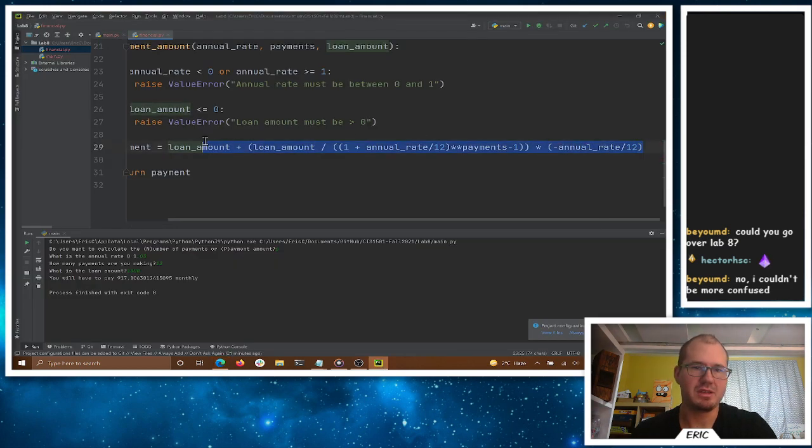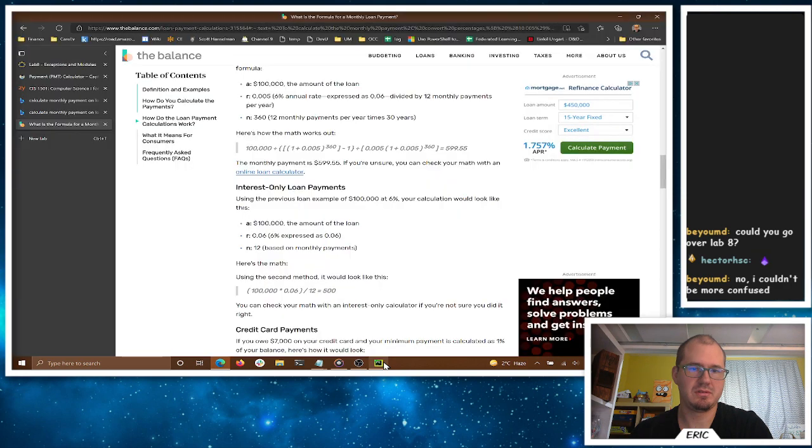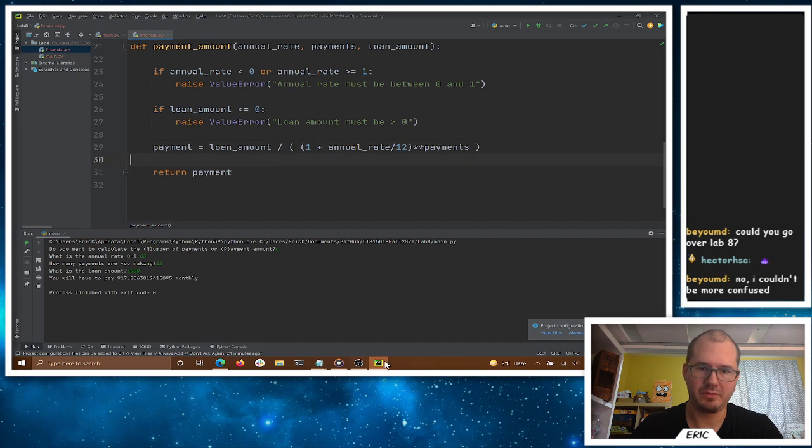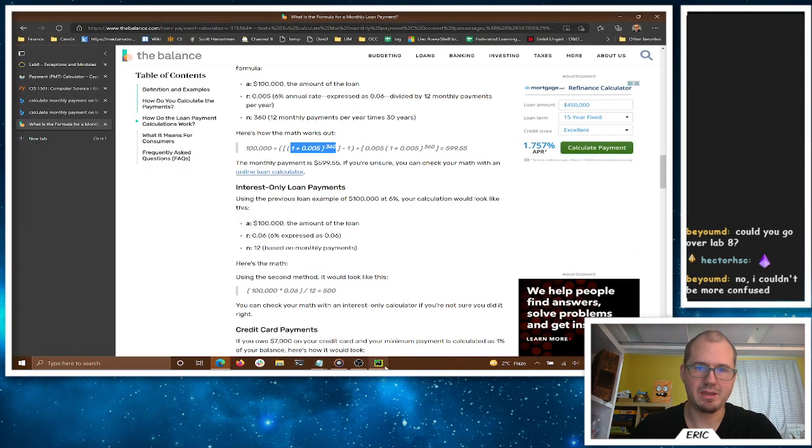So that was going to be the loan amount divided by 1 plus the annual rate divided by 12, to the power of payments, then minus 1.